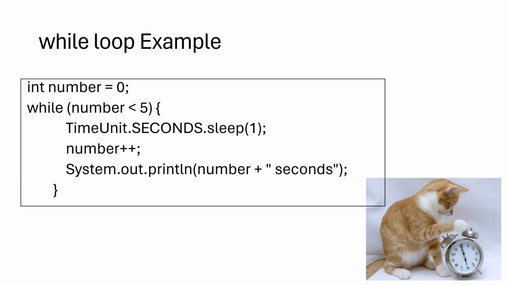That just introduces a delay of 1 second into the program. Number plus plus, and then we print the number and the number of seconds. So it's going to print 1 second, 2 seconds, 3, etc. to 5. So we could have put a for loop here, of course, but the while loop is nice because it's counting up from 0 to 5.